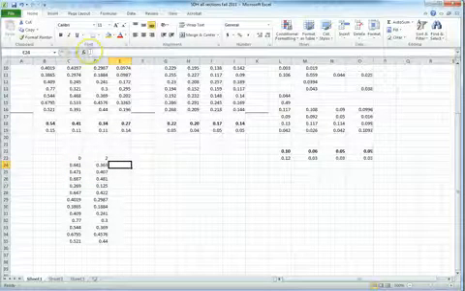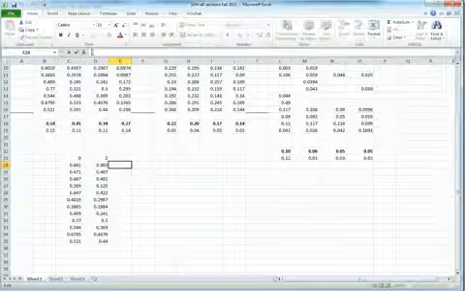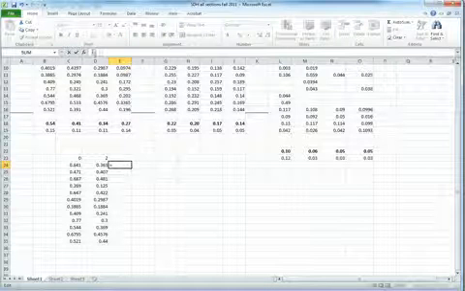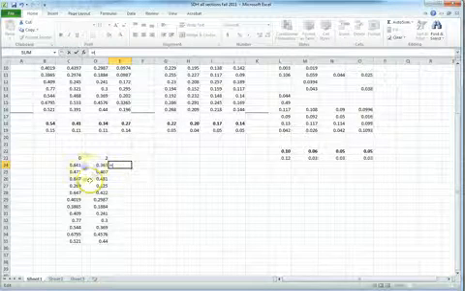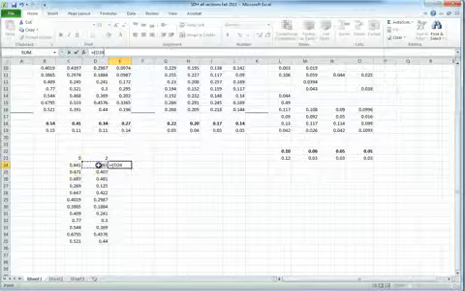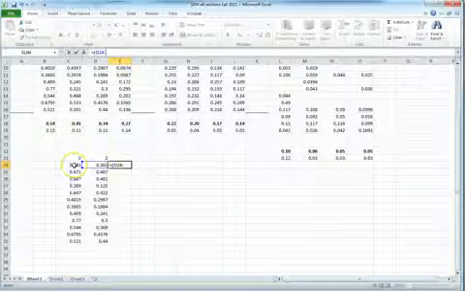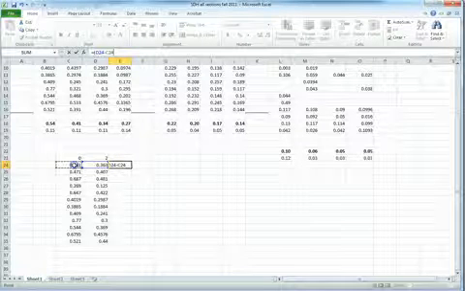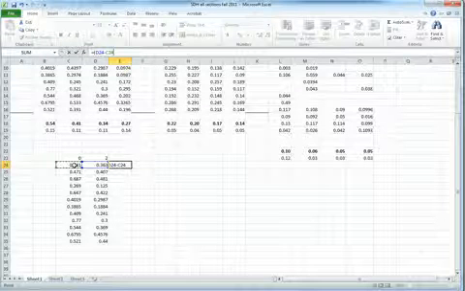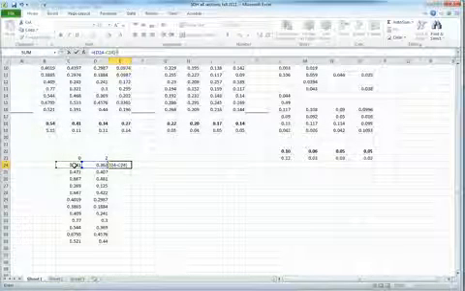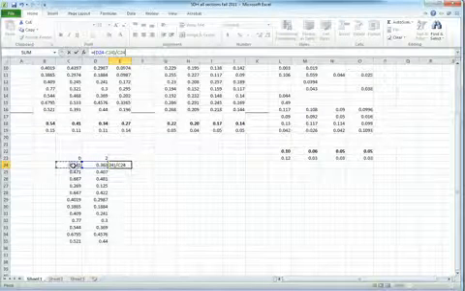Now for this column, we want to look at the percent change. The calculation, as described in your lab manual, is equals, open parentheses, this number minus this number, the difference between them, close parentheses, divided by this number.